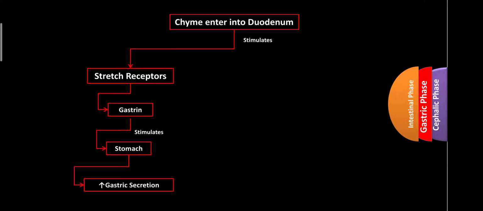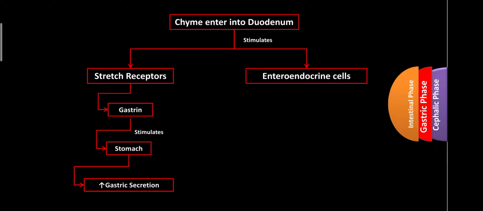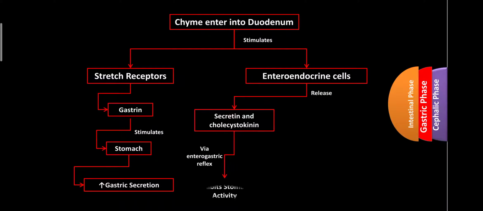On the other side, it stimulates the enteroendocrine cells and causes the release of secretin and cholecystokinin. These secretin and cholecystokinin inhibit the stomach activity through the enterogastric reflexes.